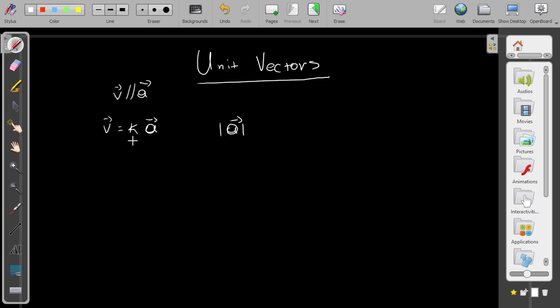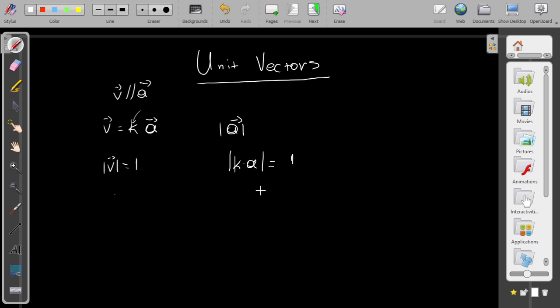Now, what's my point? My point is that I want the magnitude of this vector to be 1. So basically, I need to find this number here, K, so that when I multiply K times my vector A and find its magnitude, I want this one to be 1.